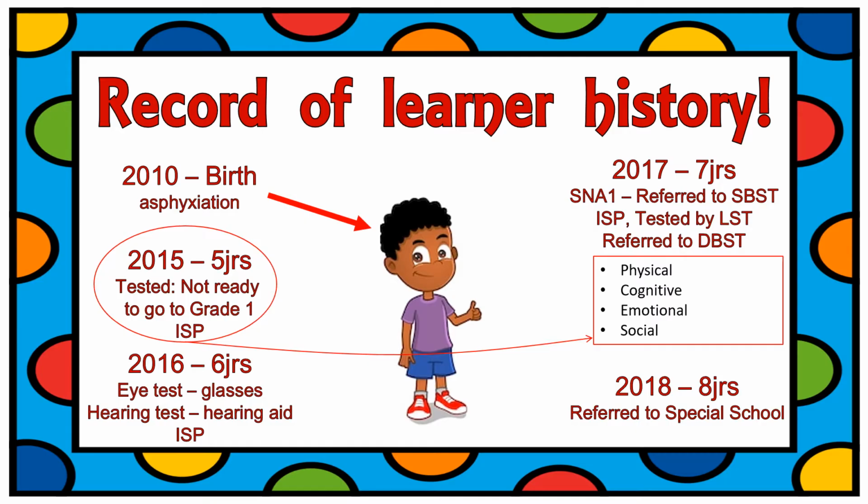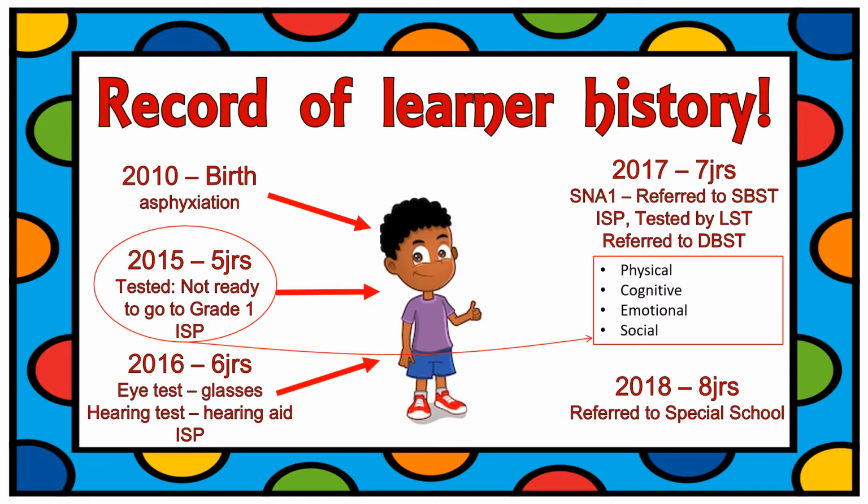In an ISP, we need to try and determine and focus on the cause of the barrier. It could either be physical, cognitive, emotional, or social, or even a combination of these four. The learner now needs to be prepared in order to attend school.